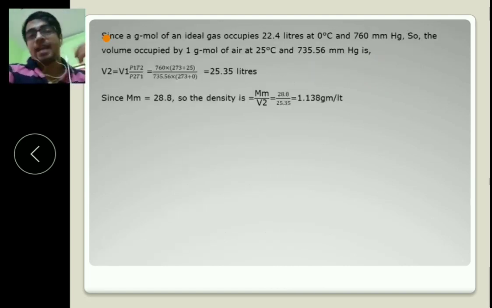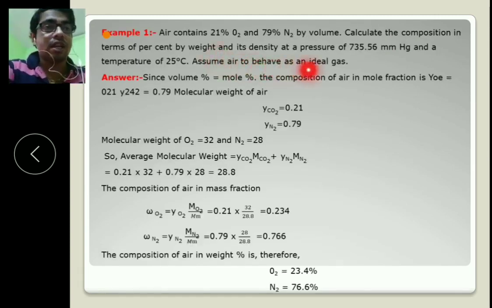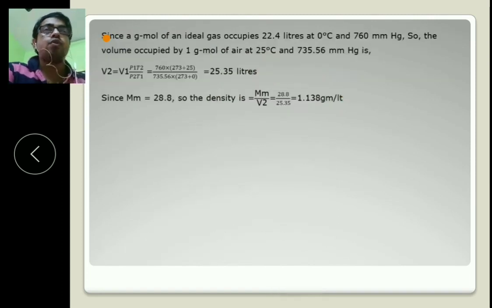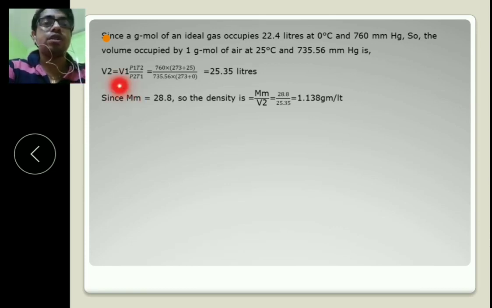As the question says air behaves as ideal gas, we can take the ideal gas equation p1 v1 by t1 equals p2 v2 by t2. From that, v2 is equal to v1 p1 t2 by p2 t1.